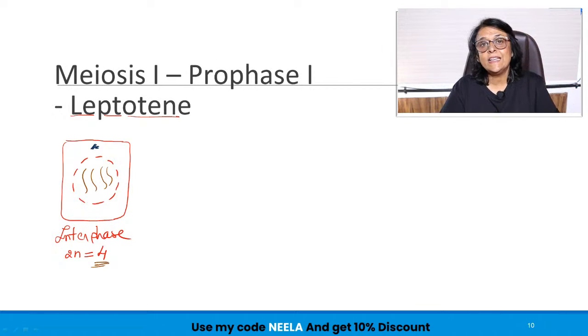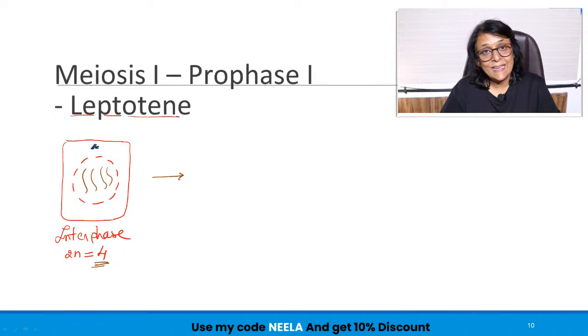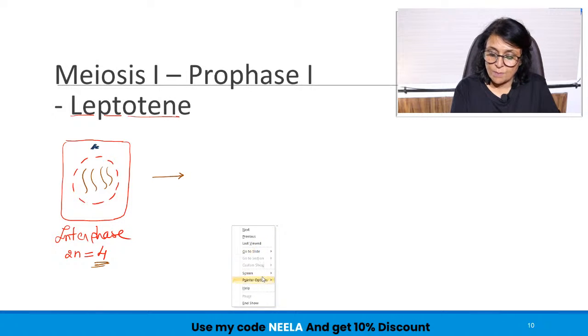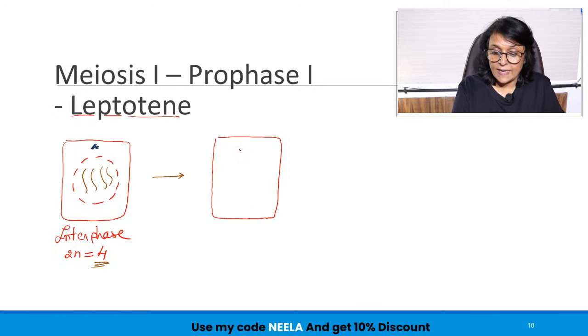Now this interphase cell enters Prophase I, and in Prophase I it enters the first sub-phase, that is our Leptotene. So let us make this cell again, which is in Leptotene. The nuclear membrane is still intact as it is.